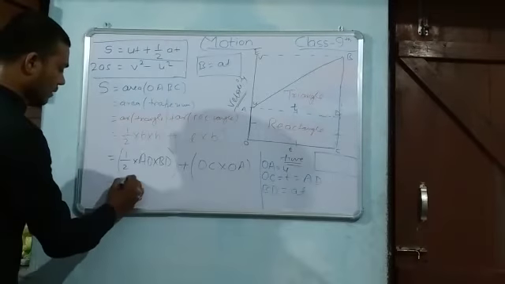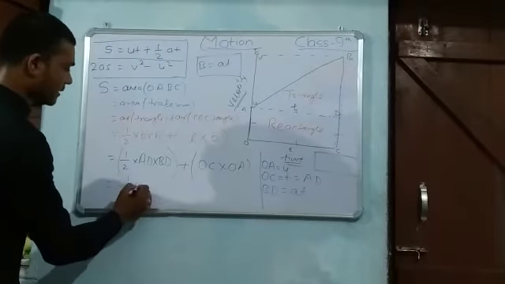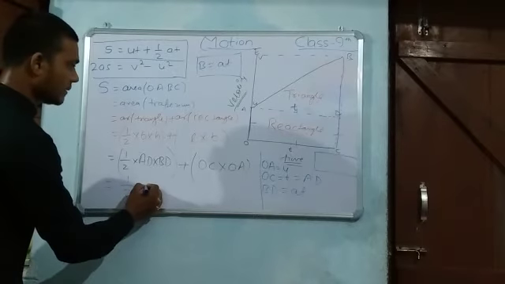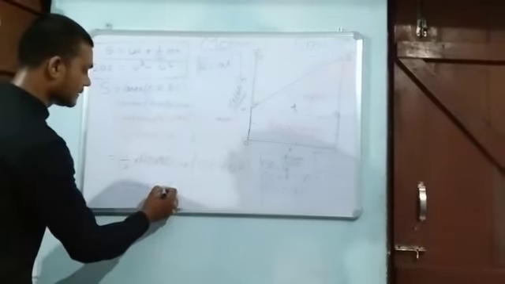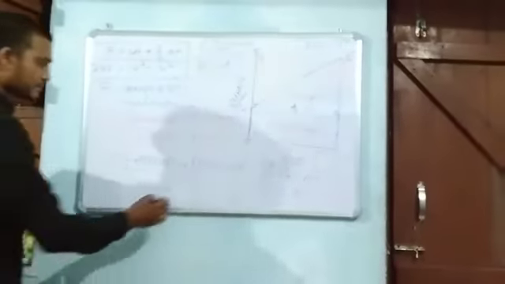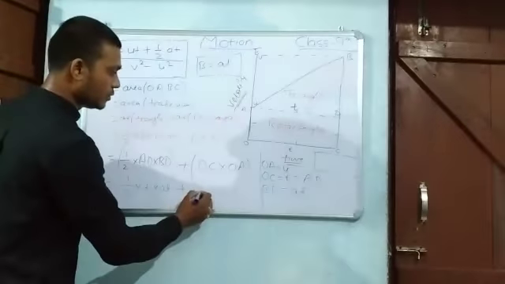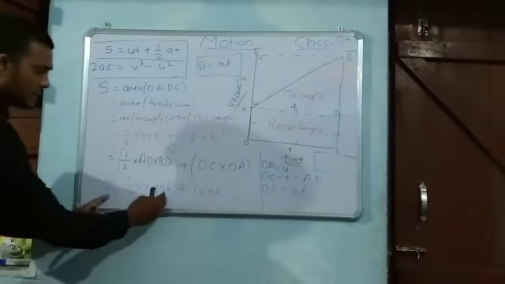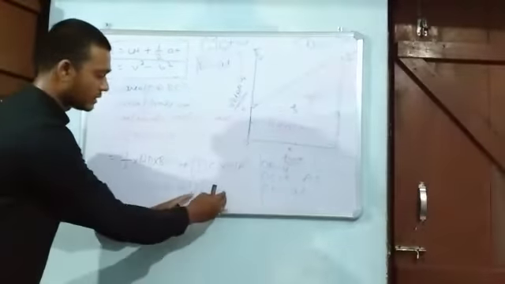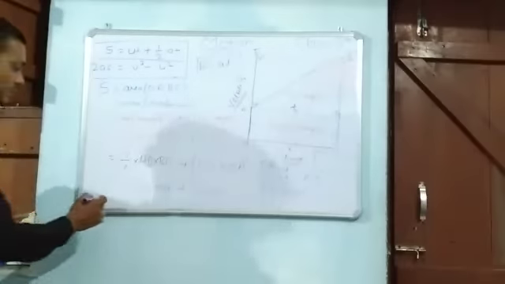Now put the value of all of them: half into AD times BD, which is AT, plus OC, which is U, and time T. So this one plus this one, both are equal things.